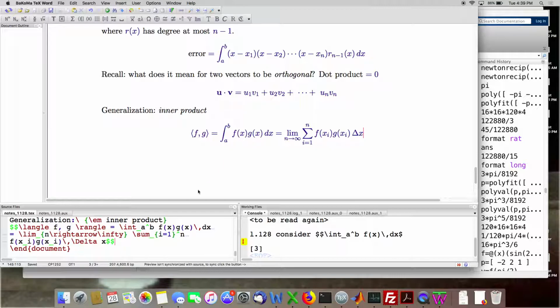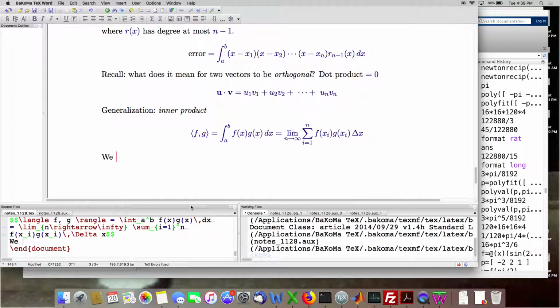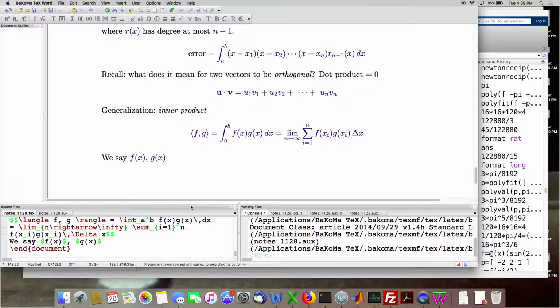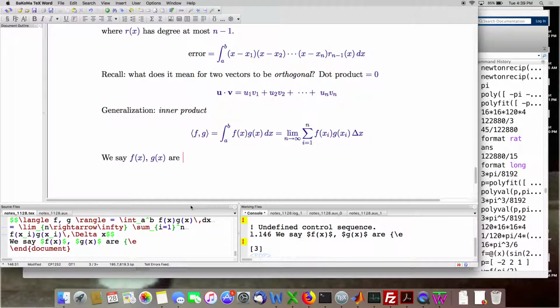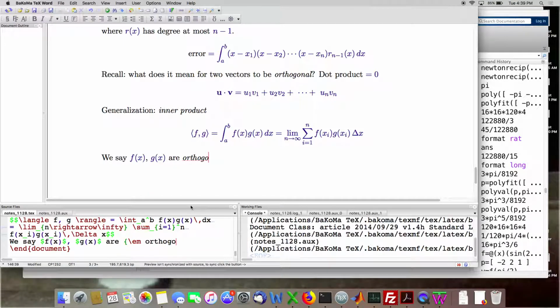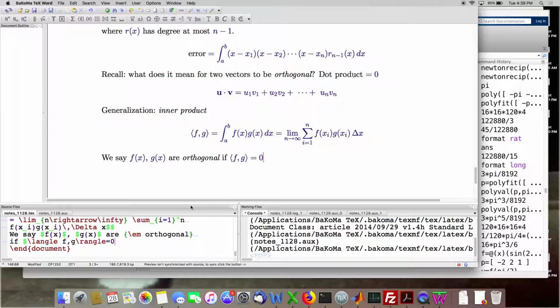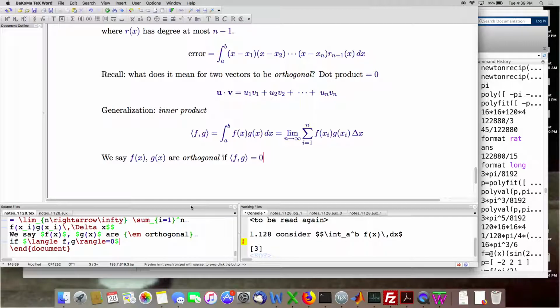So we say that functions f of x and g of x are orthogonal if their inner product is 0. So same notion of orthogonality.